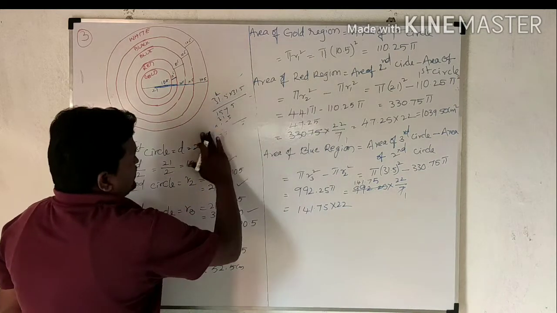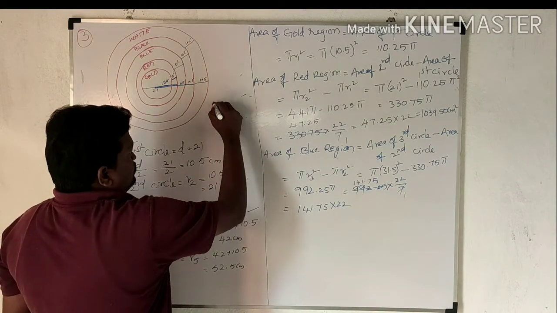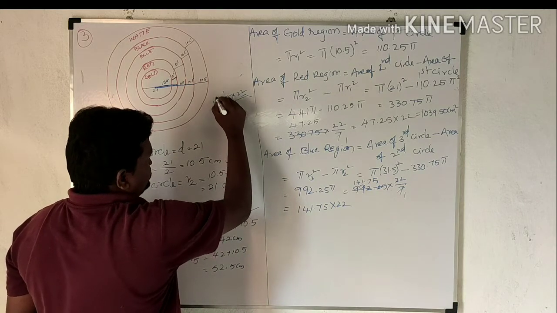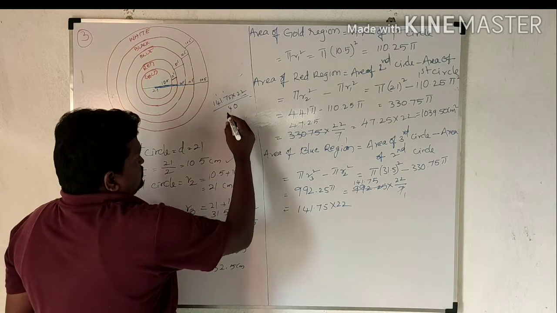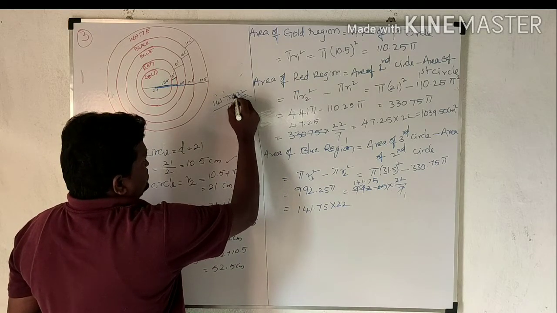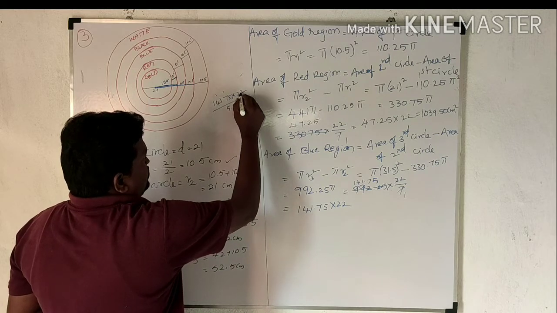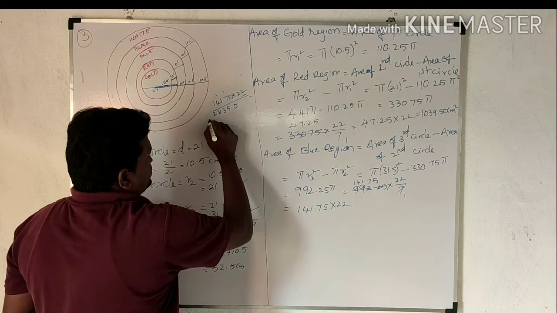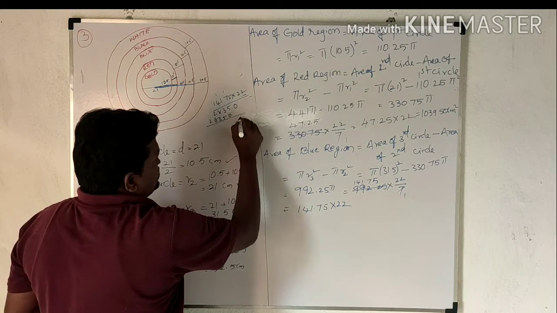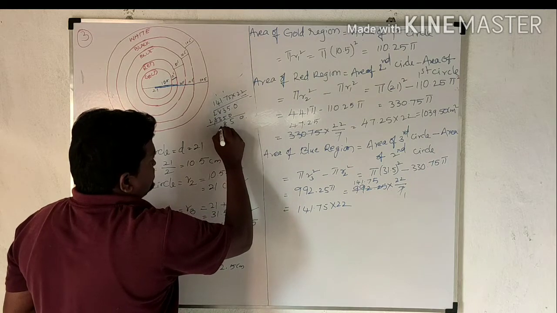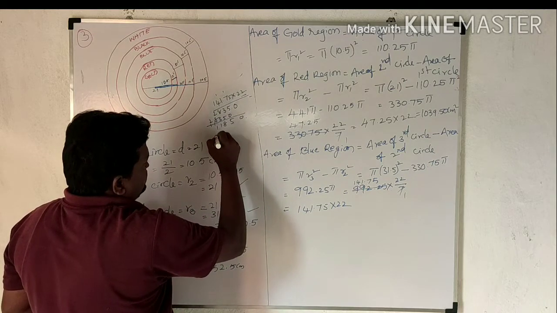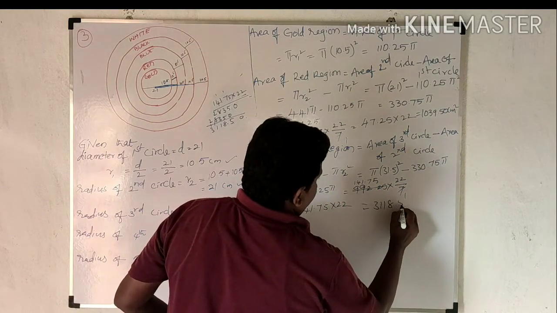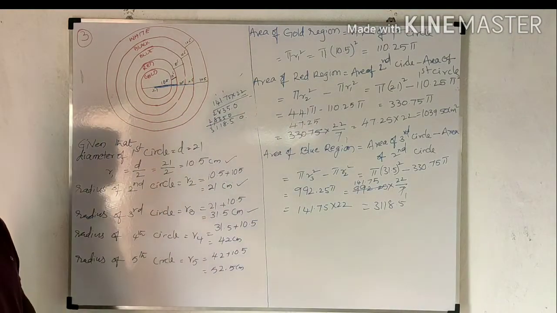Again we will multiply here. 2 fives are 10, 2 sevens are 14, 2 fives are 10, 2 sevens are 14, 2 ones are 2, 2 fours are 8. So this is 3118.5. Okay, this is the area of the blue region.